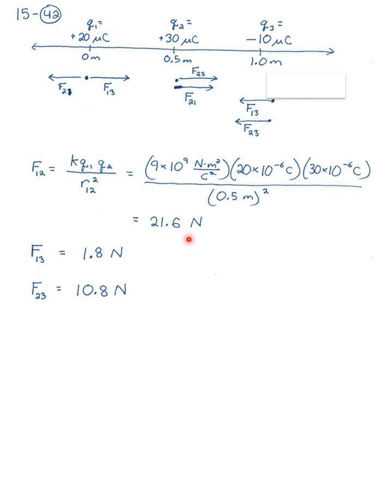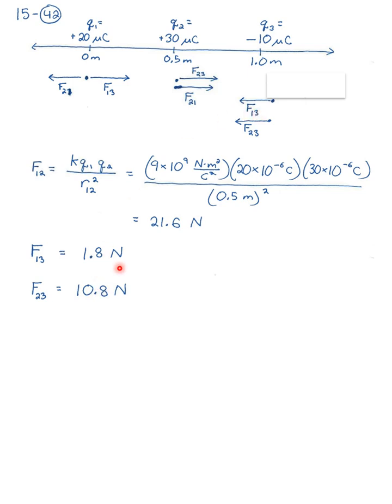Let's move on now to see the force between 1 and 3, and that's going to manifest itself right here. The force of 3 pulling on 1, and here's the force of 1 pulling on 3. They're attractive because one is positive, the other is negative. You plug those values in, you get 1.8 newtons.